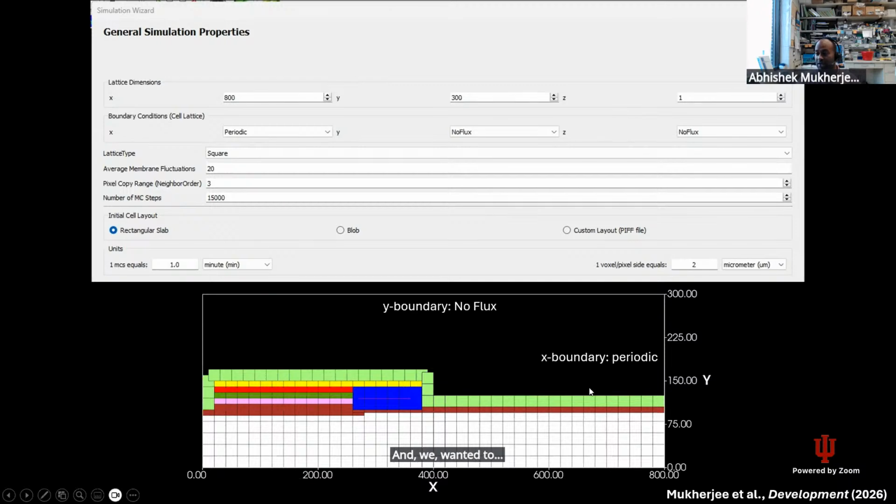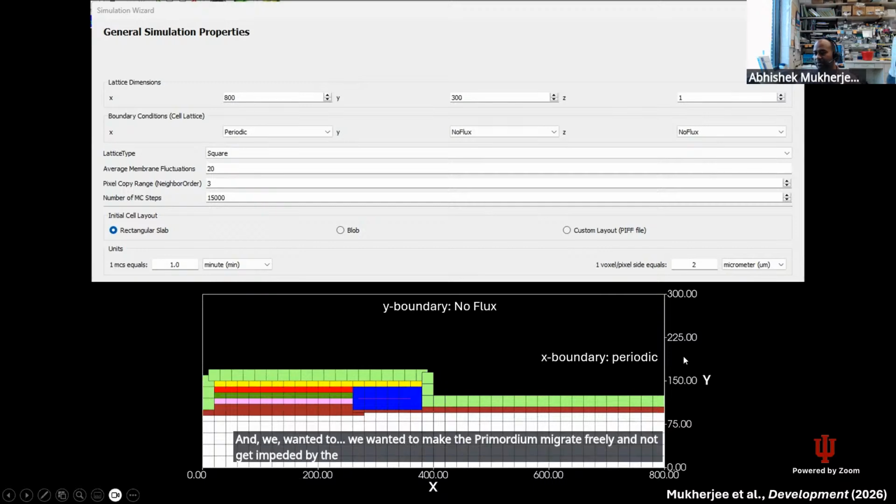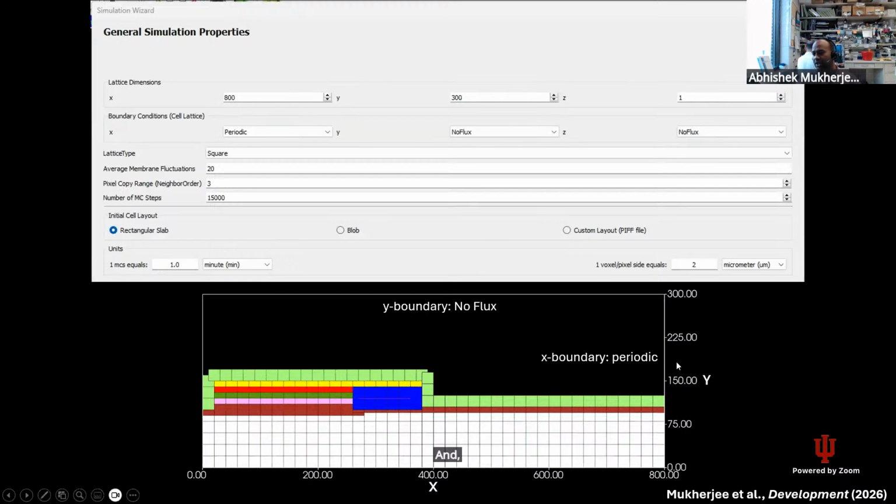We wanted the primordium to migrate freely and not get impeded by the X boundary, so we made it periodic and simulated a larger domain. The Y boundary has no-flux boundary conditions imposed on it. The initial cell layout is a rectangular slab-like layout. Average membrane fluctuations are 20, and for pixel coupling, the neighbor order is 3.